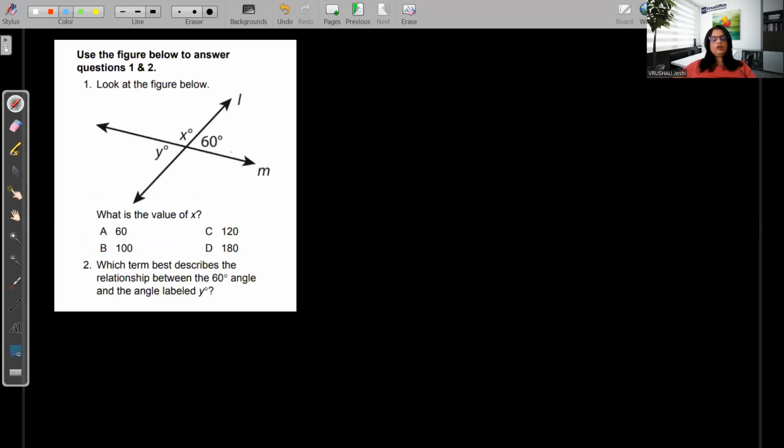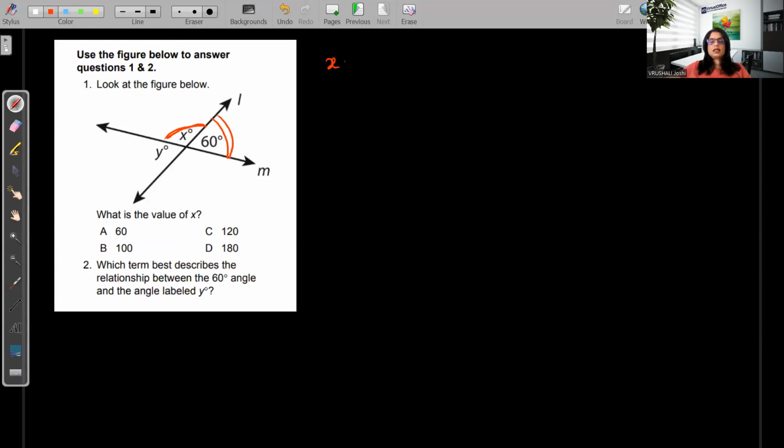Now, if you look at the figure, okay, can you see this? They have asked you, look at the following figure. What is the value of X? What is the value of X here? Now, you can check that this angle plus this angle, they form a linear pair, correct?